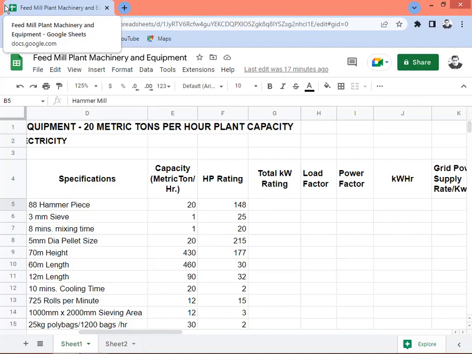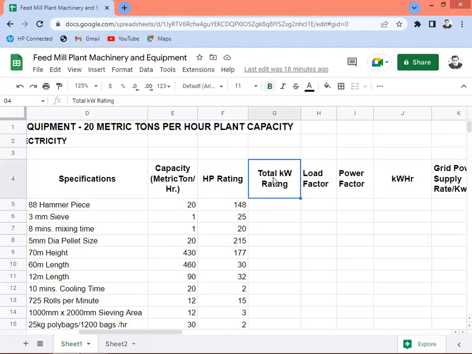So there is a money rate equivalent to the kilowatt hour rating. We're going to calculate the kilowatt hour rating of this equipment, then include the load factor, which I'm going to explain later, and also the power factor, which I will also explain later. Then the kilowatt hour.